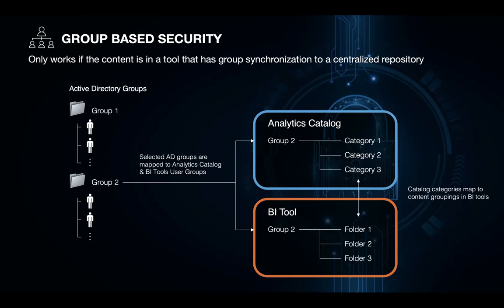As soon as you bring the content in from a particular folder in your BI tool, you drop it into the appropriate category in the catalog. Voila, security is maintained from an access perspective because alignment has been established through the AD groups, their memberships, and the synchronization that occurs at that level. So that AD group becomes the pivot point, if you like, that helps you link the security systems between the two environments.